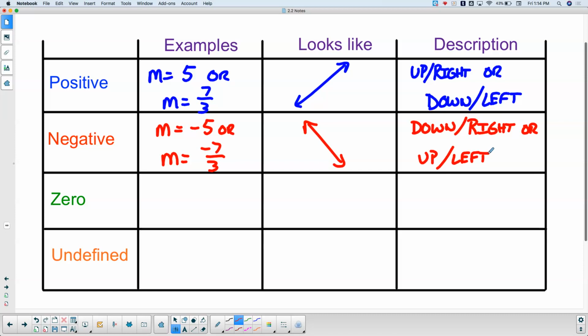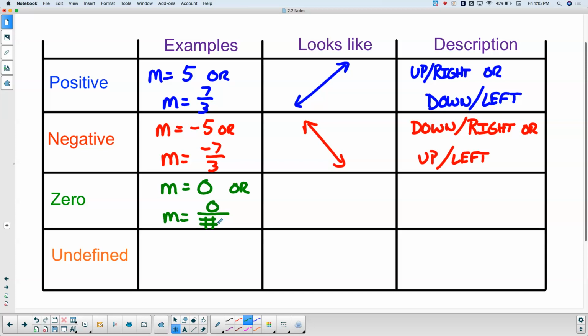A zero slope, you're going to see the number 0, or you're going to have 0 in fraction form, where it's 0 on top and some number on the bottom. But both of those are 0.